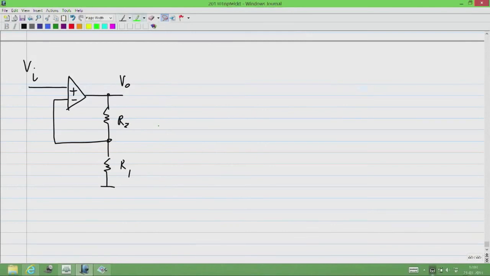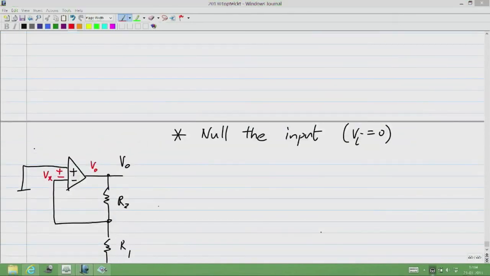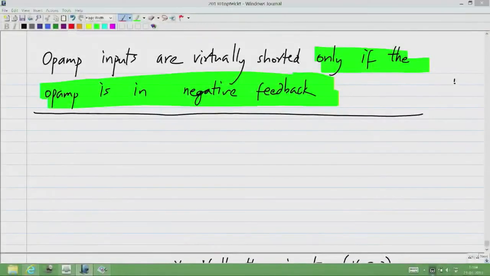Now what I will do is, I will null the input. Okay, that is, I'll set Vi equal to 0. So that means that I basically short circuit this to ground. Okay, then I will identify the input voltage Vx and the output voltage V0 of the op-amp. In this case, V0 is the output voltage of the circuit also.